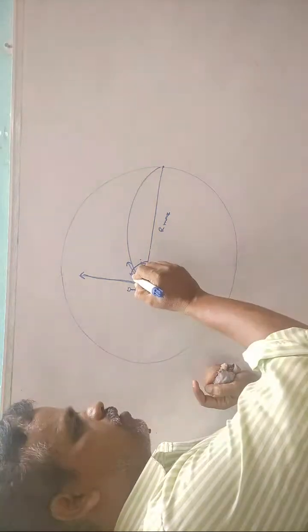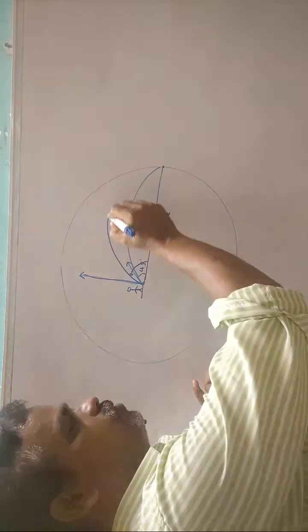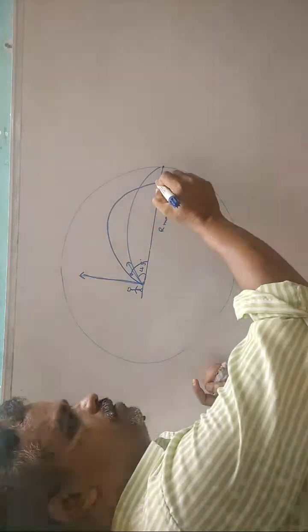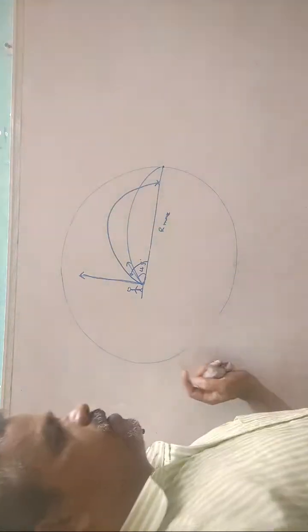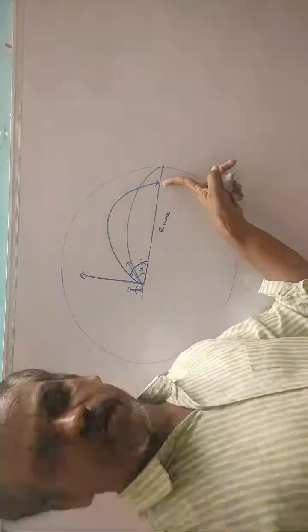If he hits the ball at 60 degrees, the ball will go like this. At this time also, there is a chance of getting out, as somebody will catch it in the ground.